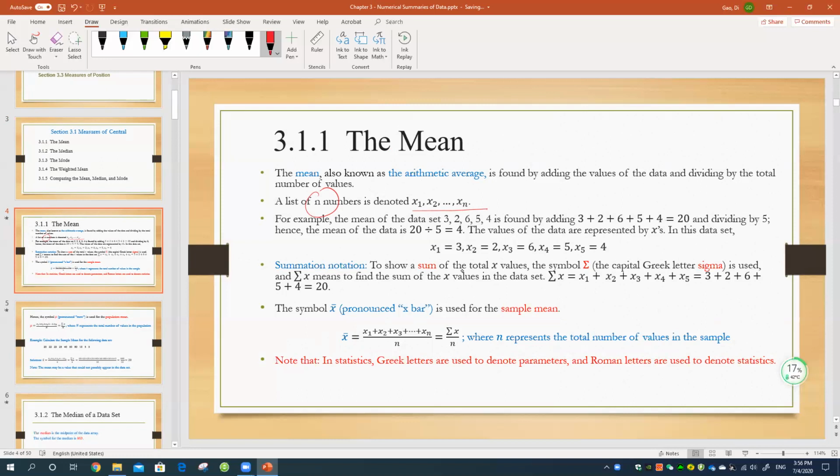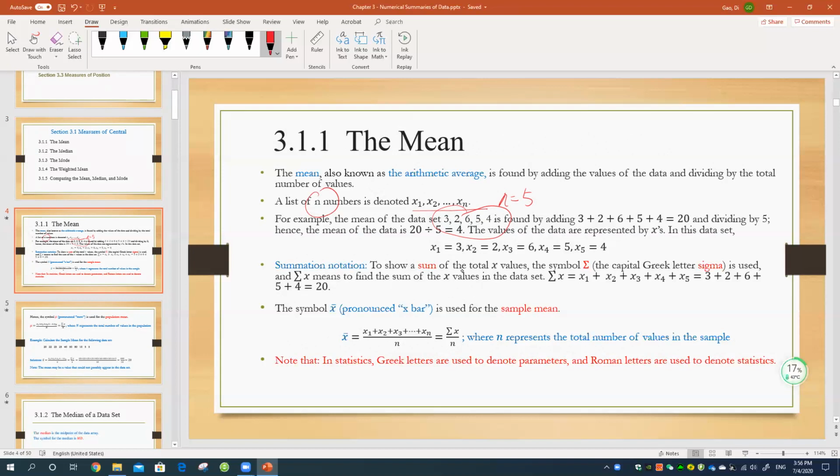Now, for example, the mean of data set 3, 2, 6, 5, 4. So for this data set, we have n equals 5 because we only have 5 values there. So now the mean is found by adding those 5 numbers and then dividing by how many numbers in total for this data set.